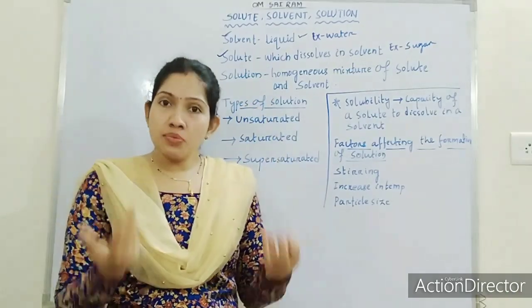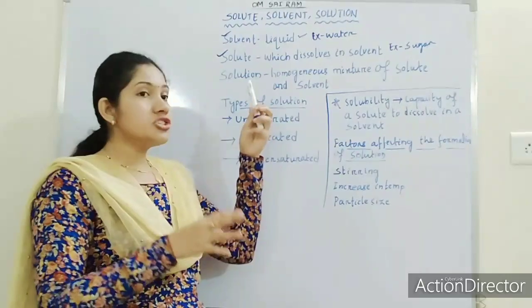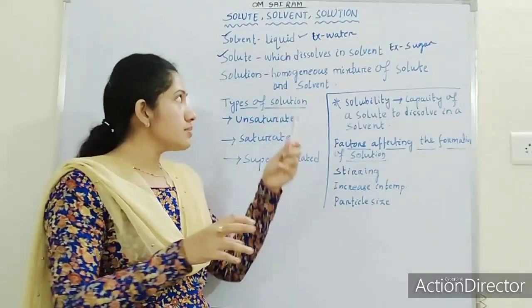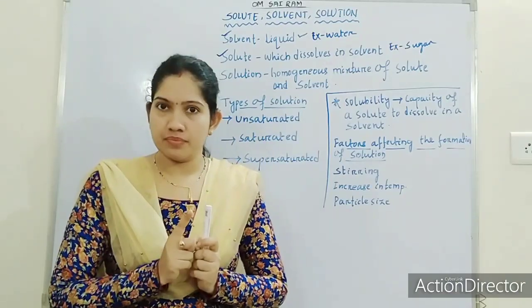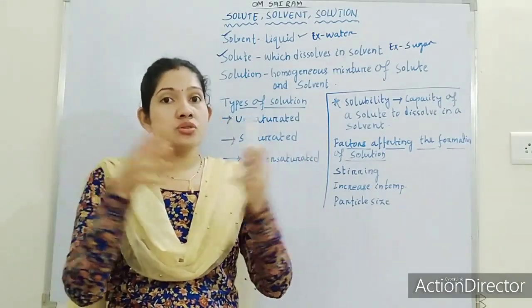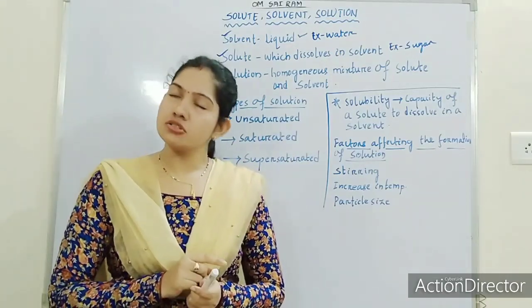So salt and water is an example of a homogeneous solution. A solution may be homogeneous or heterogeneous. Okay? But generally, if we are talking about a solution, then we are talking about a homogeneous mixture. It means that two substances should be mixed with each other. Then only they can form a solution.